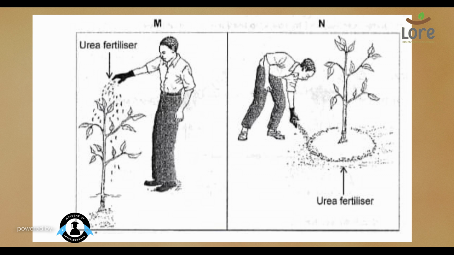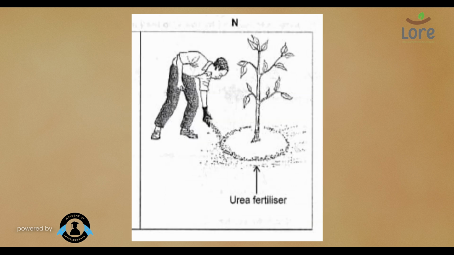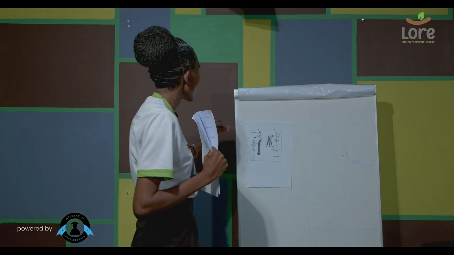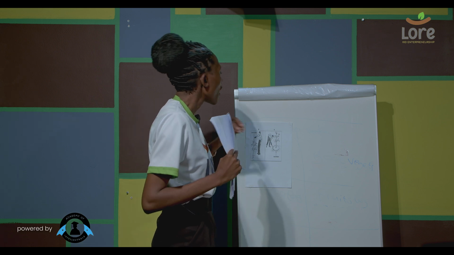What do we see from farmer M? Farmer M is applying fertilizers directly to the maize leaves, while farmer N is applying fertilizers close to the plant roots. What is the disadvantage of applying fertilizers directly on the plant's leaves?